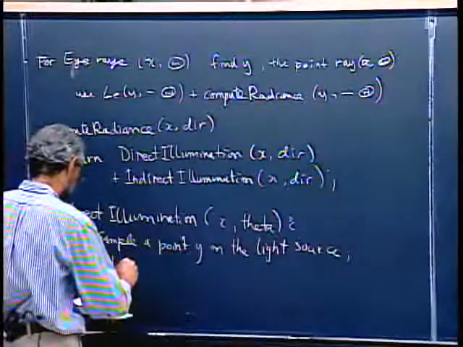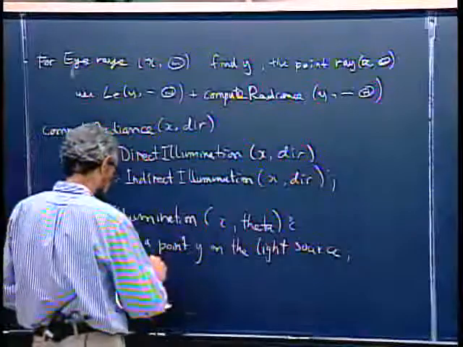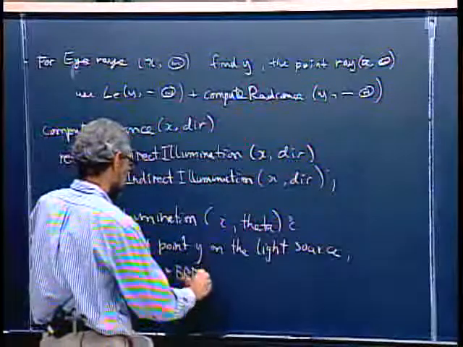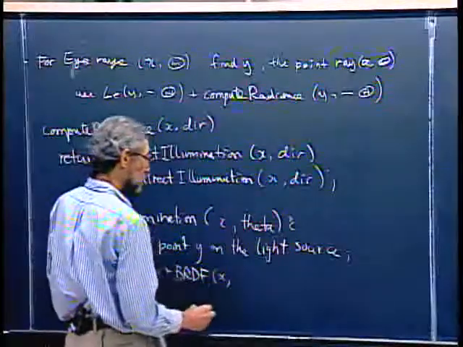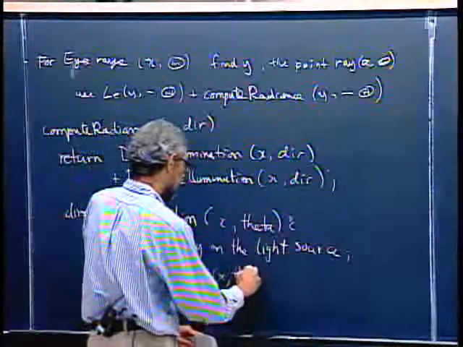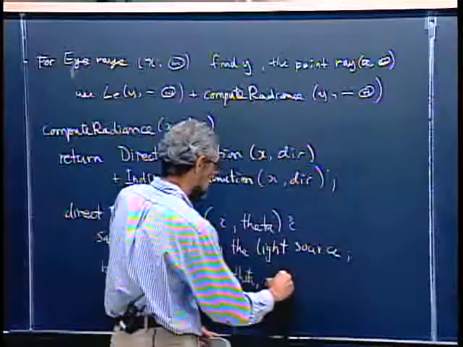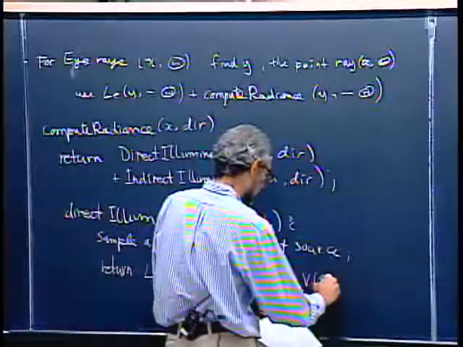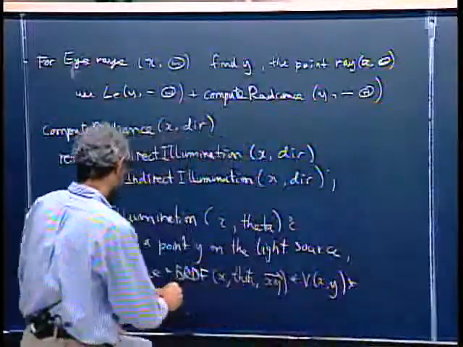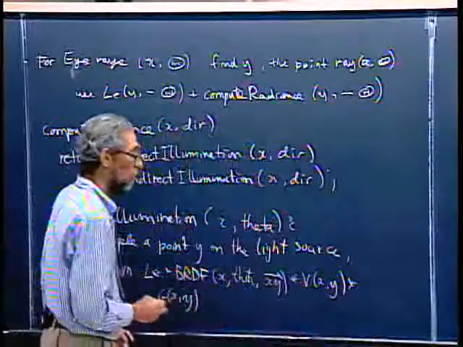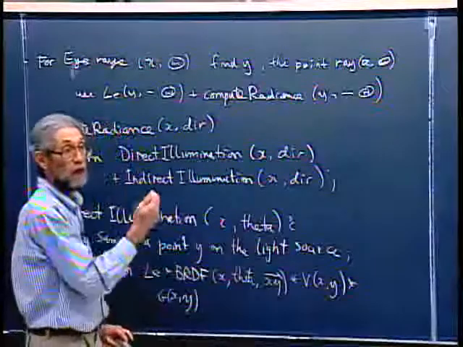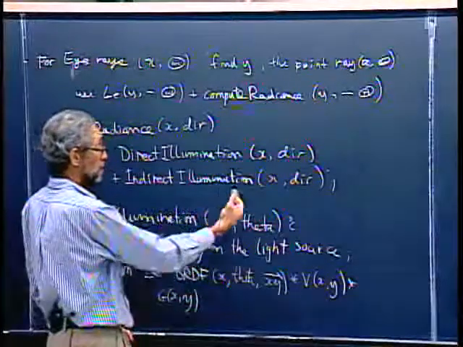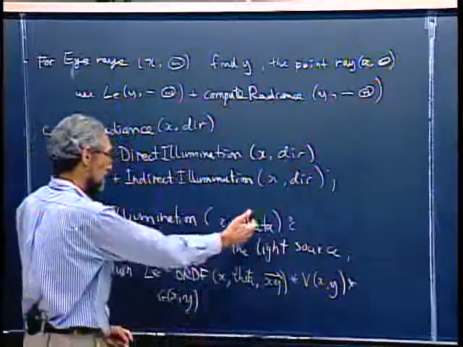And so what we're going to return is the LE at the light source times the BRDF with the point X going out in direction theta and coming in direction, I guess, from X to Y. But we have to multiply it by the visibility and this geometric factor, G of X of Y, because this sample is estimating an integral over the light source of the direct illumination that's reflected toward whatever that viewing ray is looking for, this direction, theta.